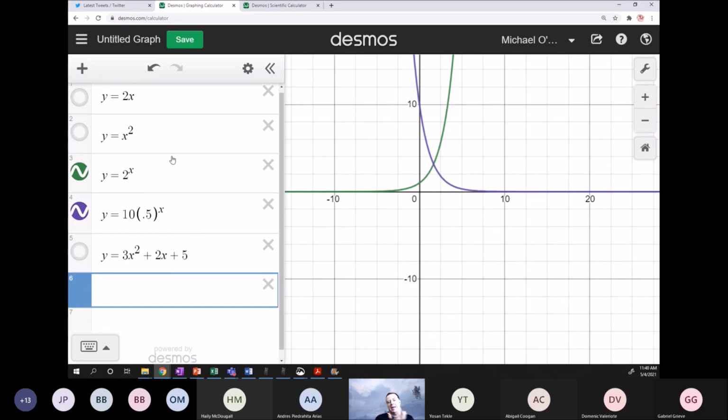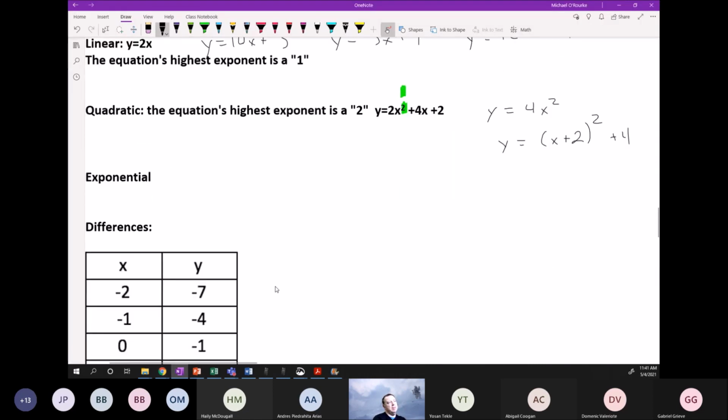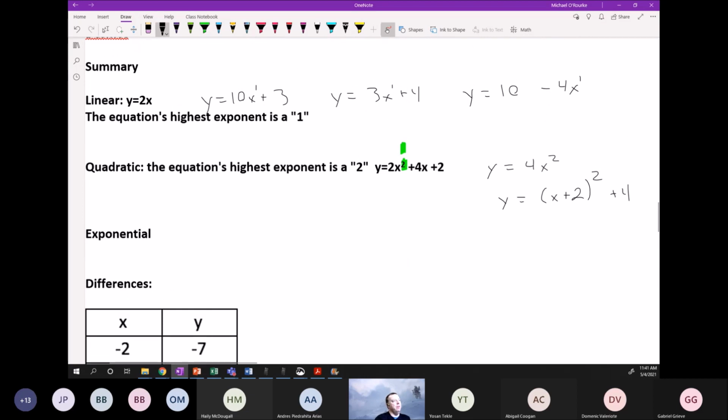What tells you that it's an exponential equation by looking at the equation? I'll go back here and I'll write a whole bunch of exponential equations for you.